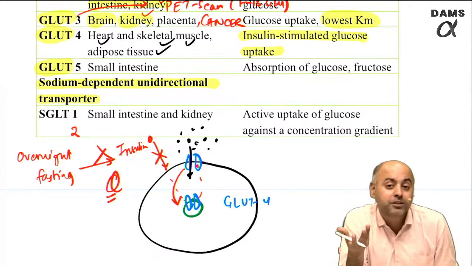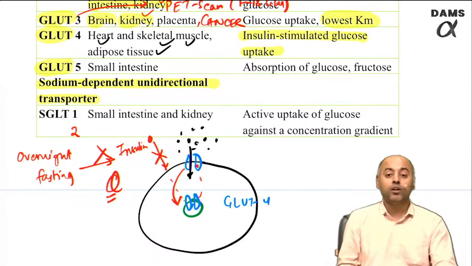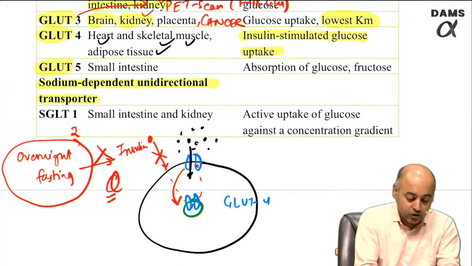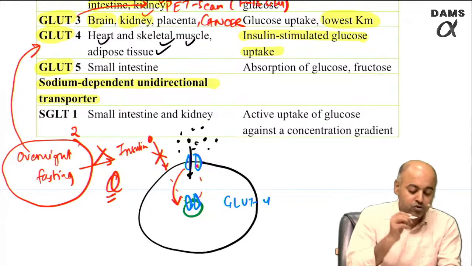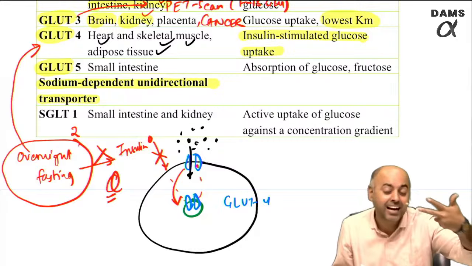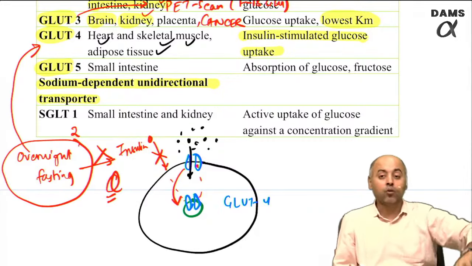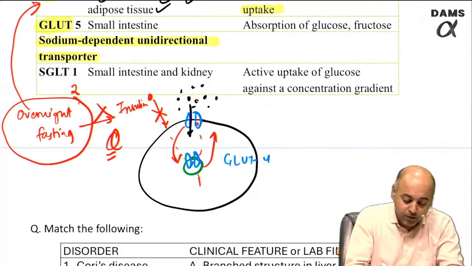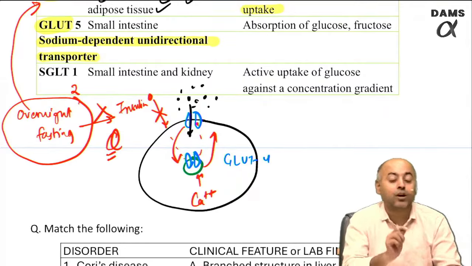So please remember, after overnight fasting, concentration of the glucose transporter is decreased in the skeletal muscle, the cardiac muscle, and the adipose tissue. Very commonly repeated question.